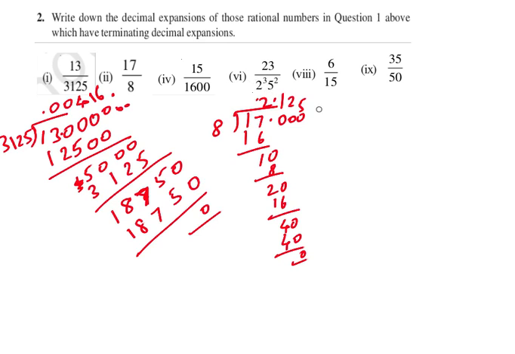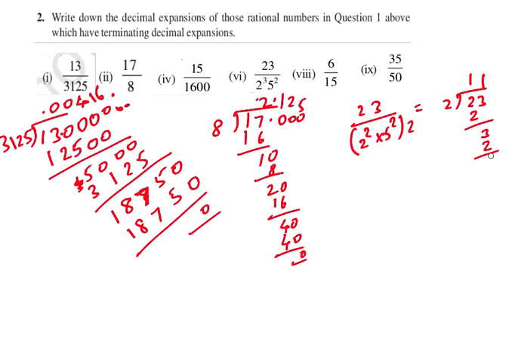This sixth question, 23 divided by 2 square into 5 square into 1 2 extra. There is 1 2 extra, so we'll keep 1 2 extra outside. So the only thing we can divide is 23 by 2. 1 2 is 2, will bring 3, 1 2 is 2, will bring 1. First we'll keep the decimal point here. Why?